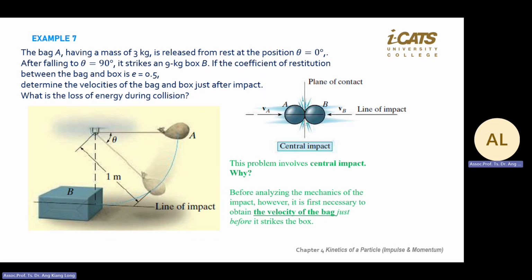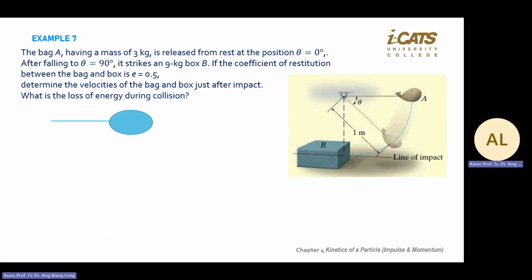Okay. So, first step, you have to know what kind of impact, oblique or central. So this is central. So you need to draw the motion. You need to establish your own datum, which is on the top, and it swings down 1 meter.